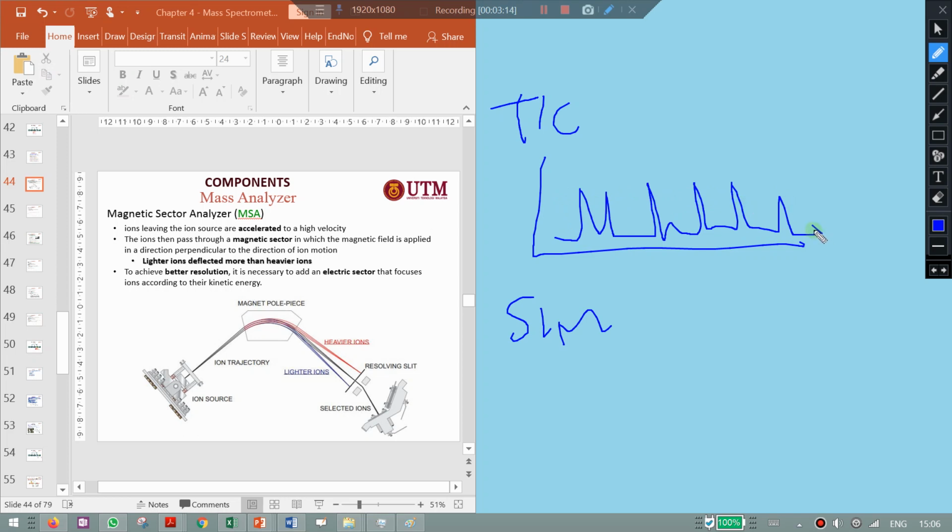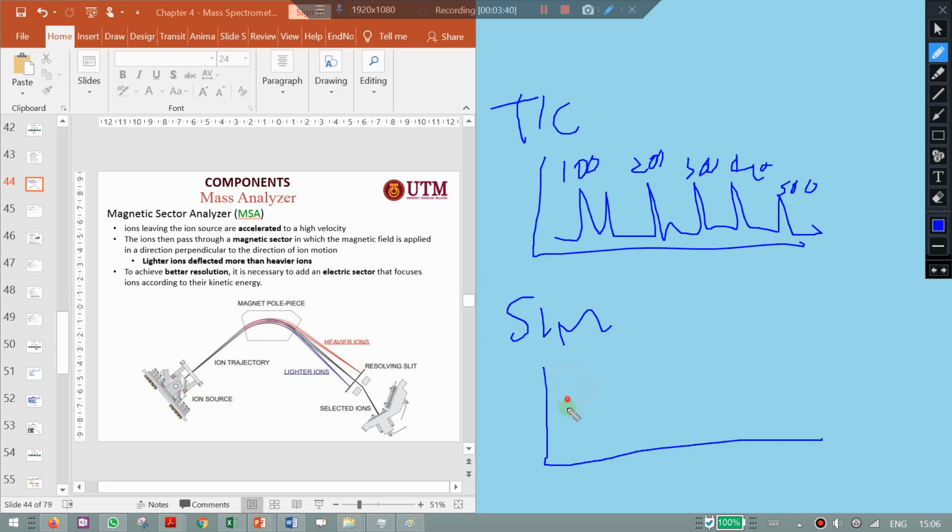But in the SIM mode, for example, you want to analyze m/z 100, here 200, here 300, here 400, and here 500. So during the SIM mode, we apply the resolving slit to allow only selected ions, so only the chosen mass to charge ratio of analyte passes through the slit.